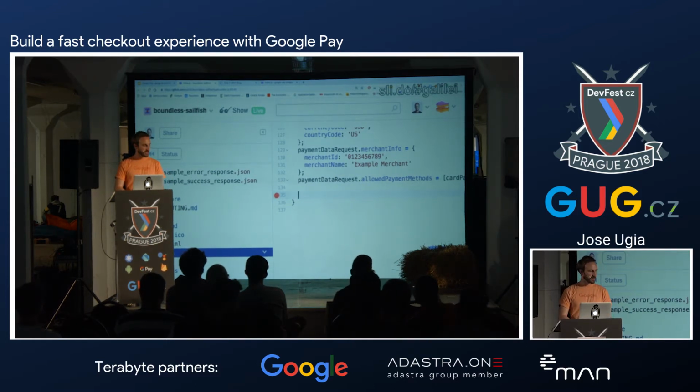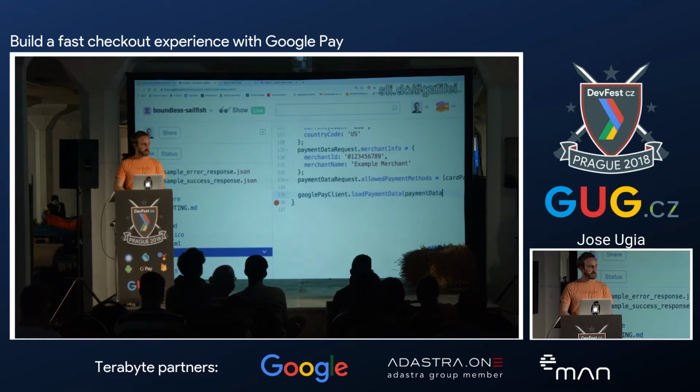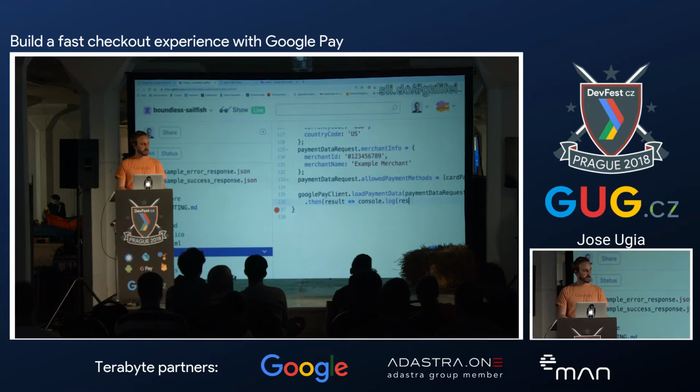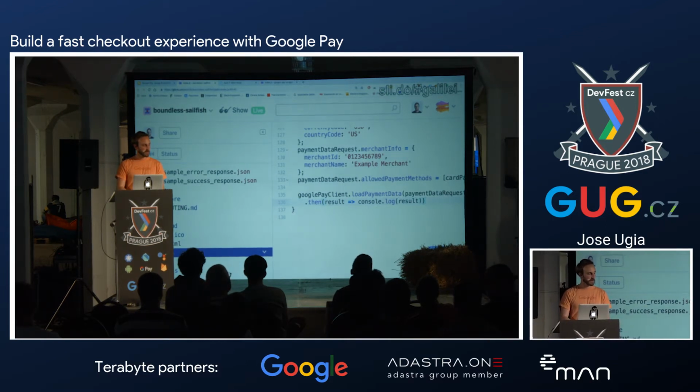Good, so let's go get the client again, and we're going to call load payment data. We're going to pass in the payment data request that we just created. Let's capture the outcome. Results. We're going to log it, so you see what we get back from Google Pay.